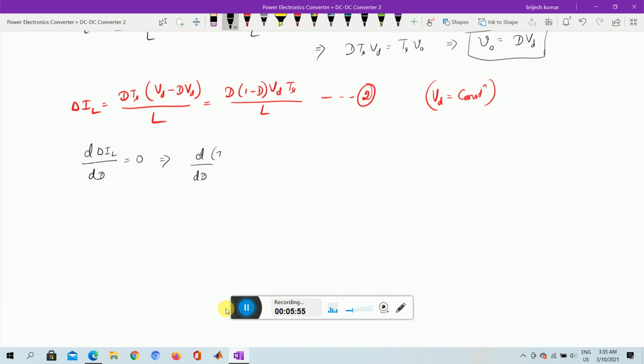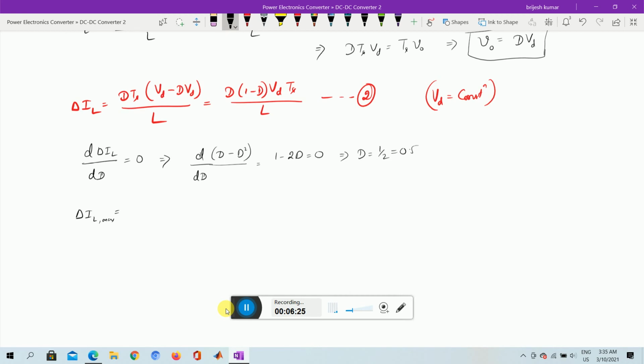So this will be d minus d square, so this will be 1 minus 2d is equal to 0, which implies d is equal to 1 by 2 or 0.5.